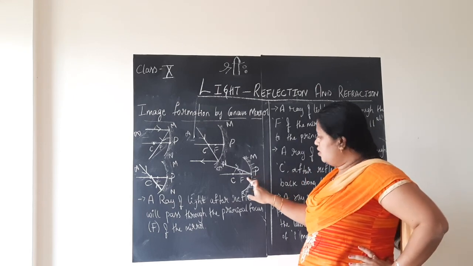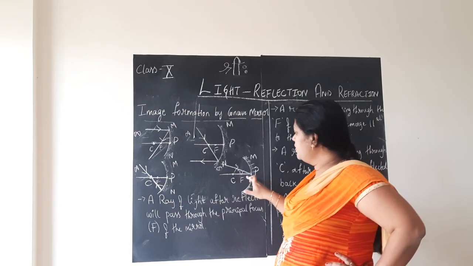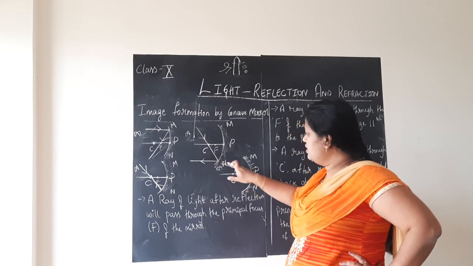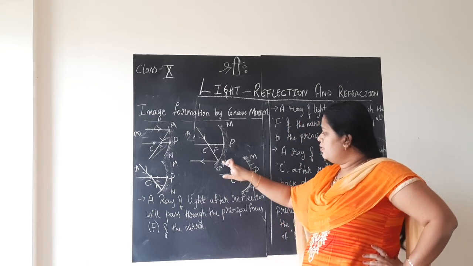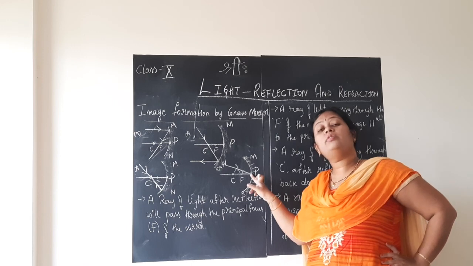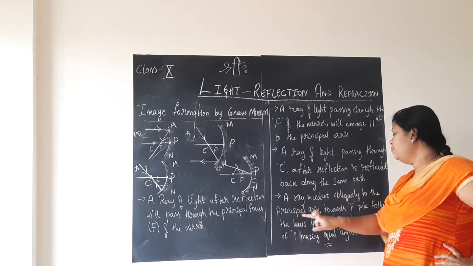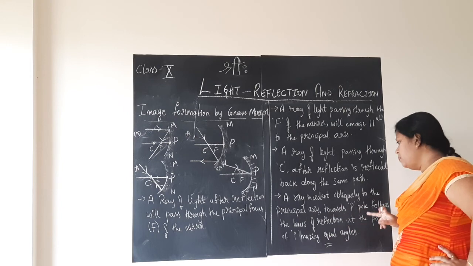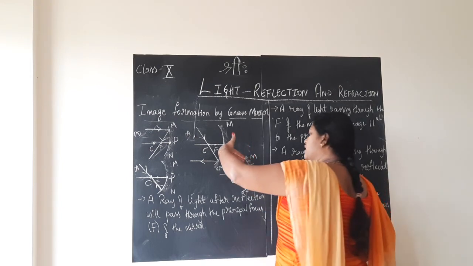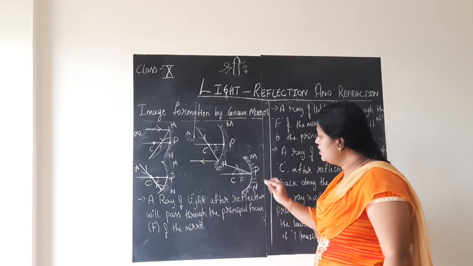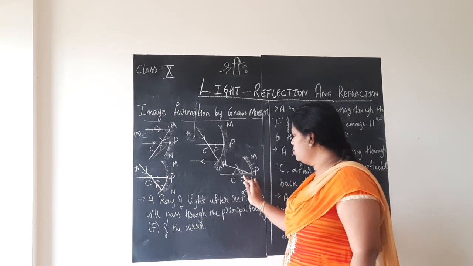Now, what was I telling? Yes, the incident ray, if it passes through the pole of the mirror or is incident obliquely to the principal axis towards the pole, after hitting the mirror it should reflect back.